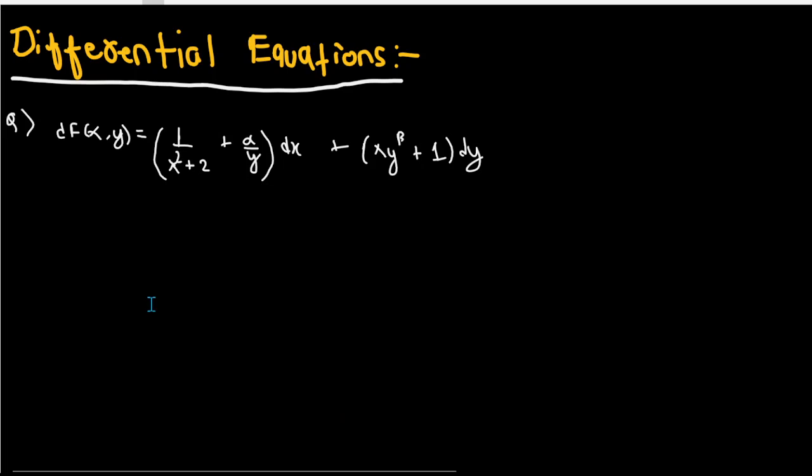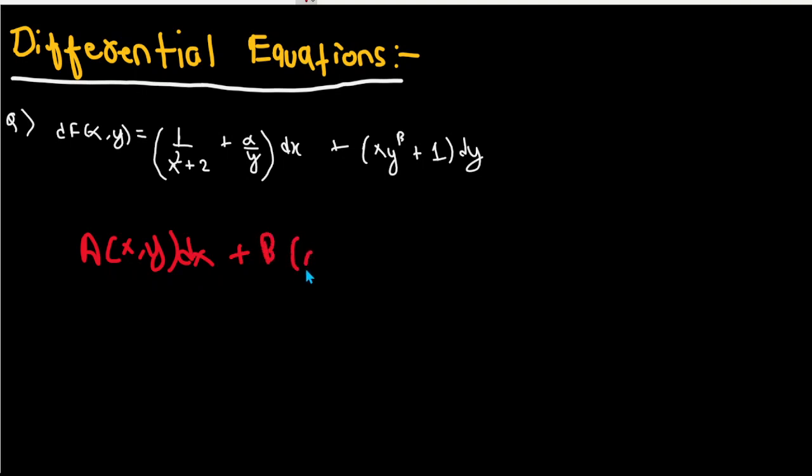This particular differential equation is similar to the form A(x, y) dx plus B(x, y) dy is equal to 0. This is the differential equation form that we are encountering in this particular question.